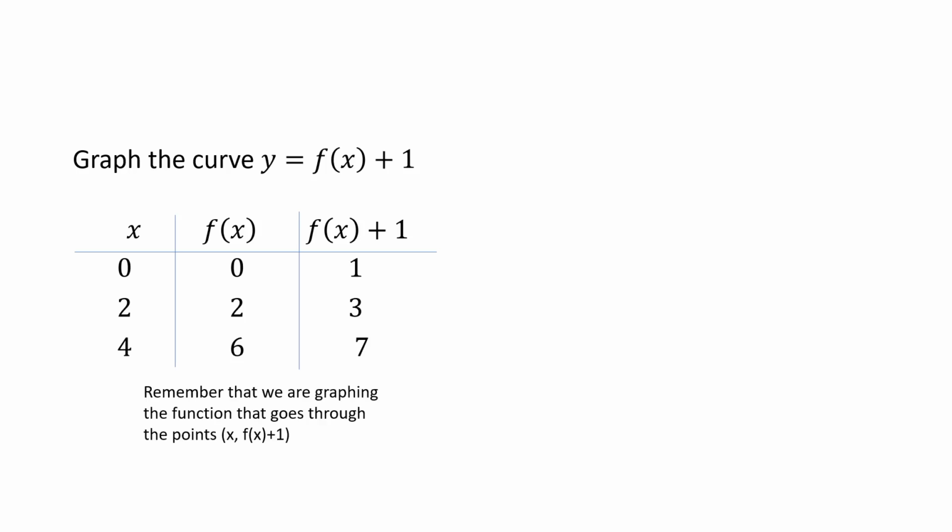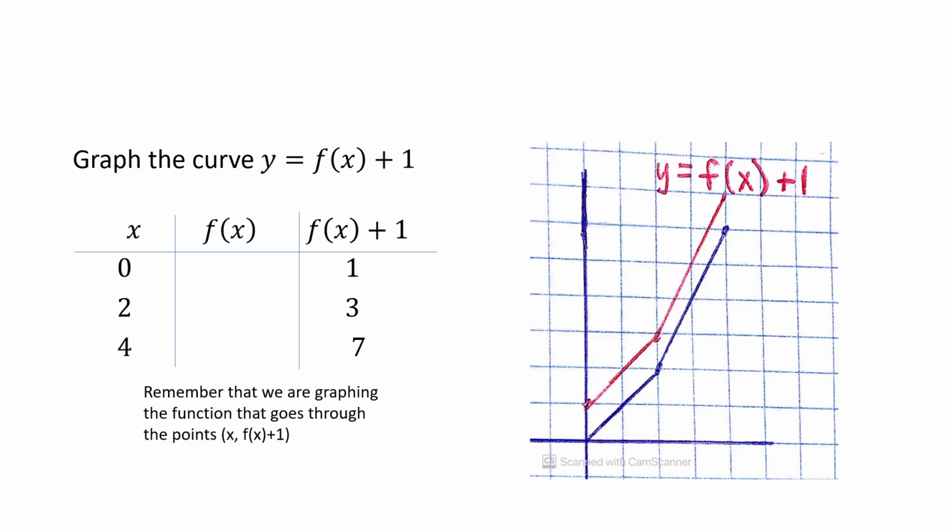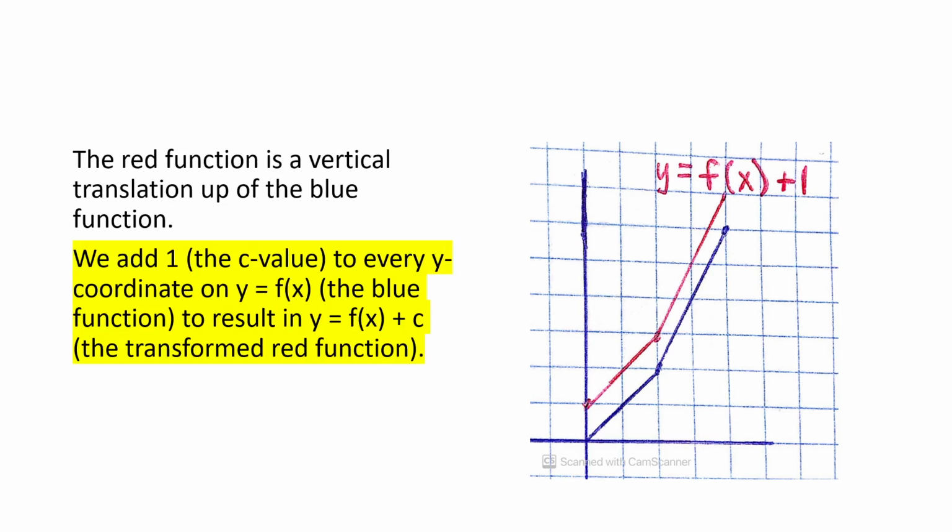We're graphing the function that goes through the points x, f of x plus 1. So we get rid of that middle column and plot the points 0, 1, 2, 3, and 4, 7. Then we compare it to the function going through 0, 0, 2, 2, and 4, 6.